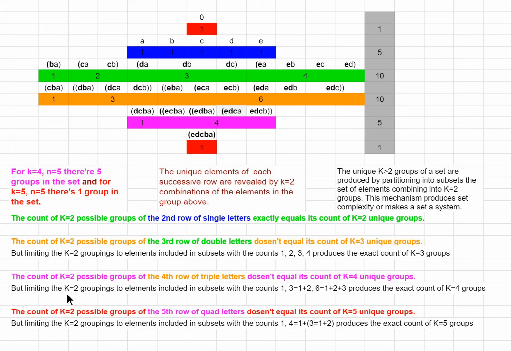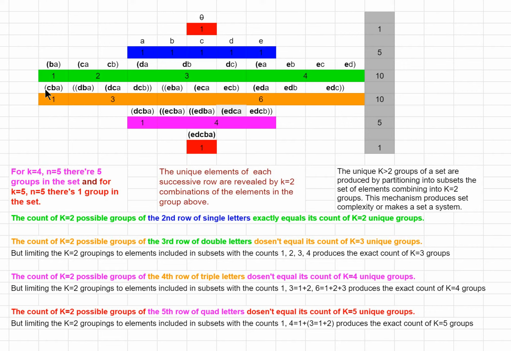But again, limiting the k equal 2 groupings to elements included in the subsets with the counts 1, 3, which equals 1 plus 2, and 6, which equals 1 plus 2 plus 3, will produce the exact count of k equal 4 groups.